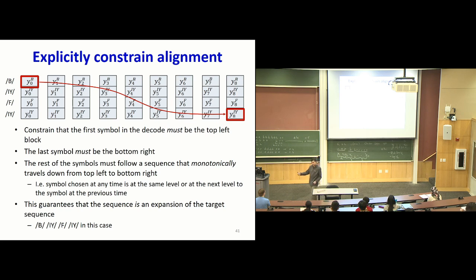So this guarantees that the first symbol is B, the last symbol is E. I'm going to impose additional rules that from any location you can either move sideways or you can move one step down, but you cannot move two steps down. Right? So if I do that, then basically what you're really doing is ensuring that the sequence that you get is an expansion of the target sequence, B phi in this case.